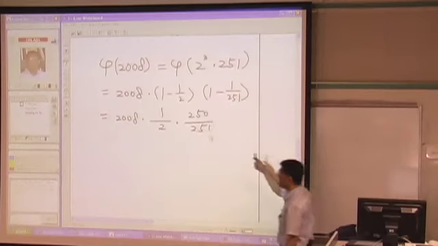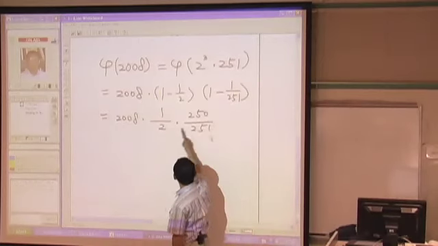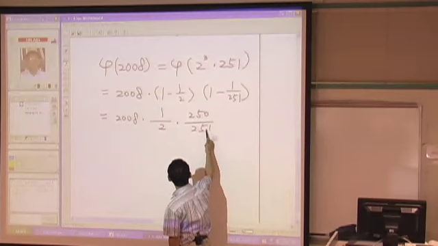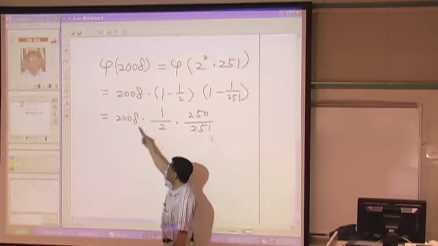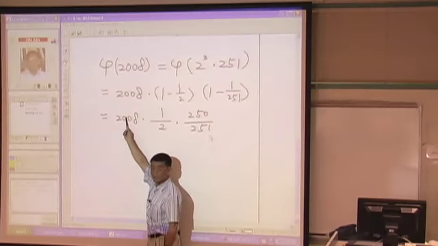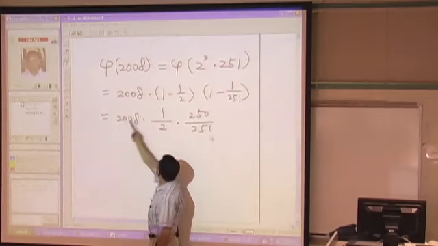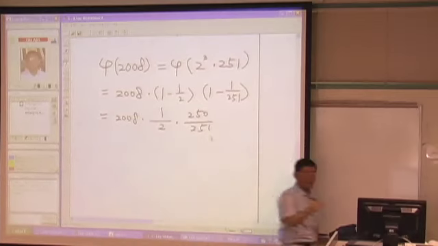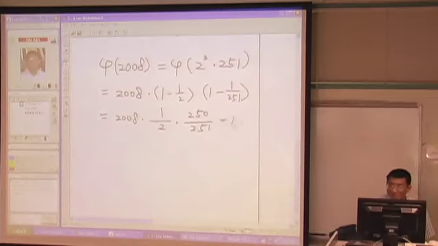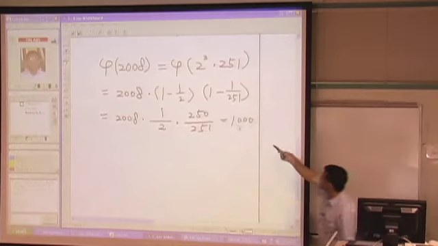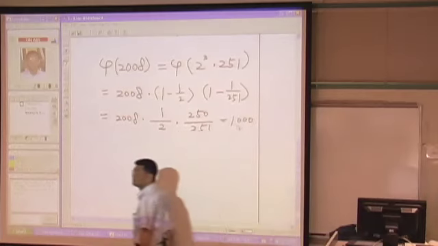And as you can see, 502 divides this, and the quotient is 4. 4 times 250 is what? 1,000. So millennium, right? So this here is Euler millennium.